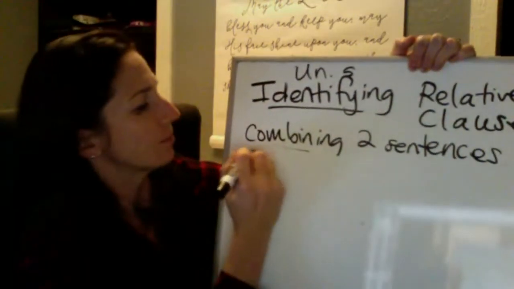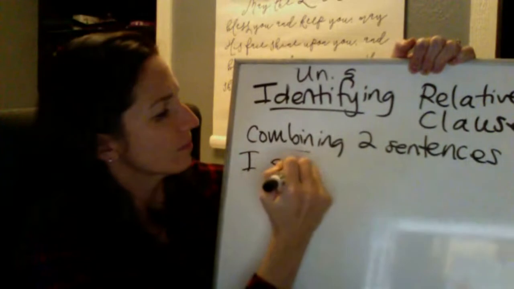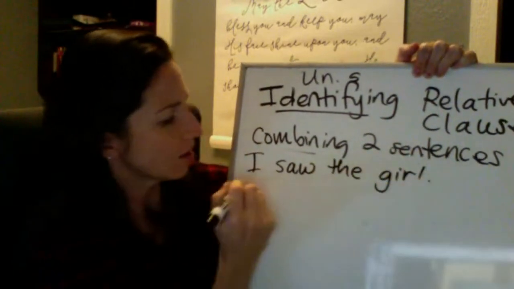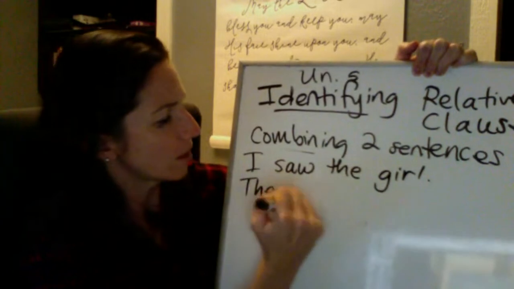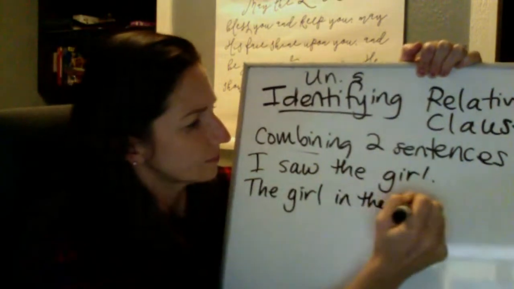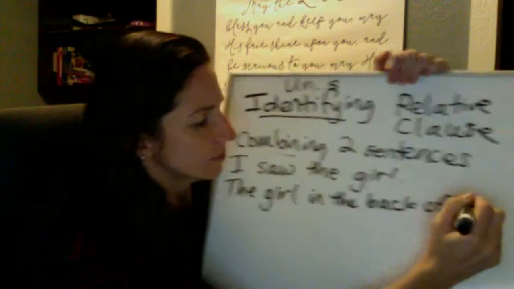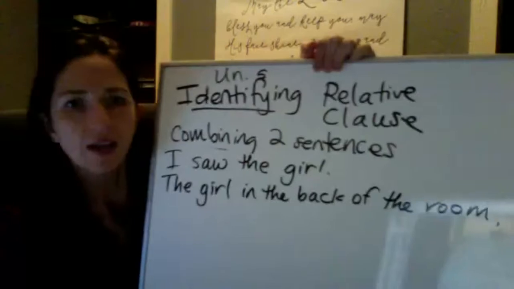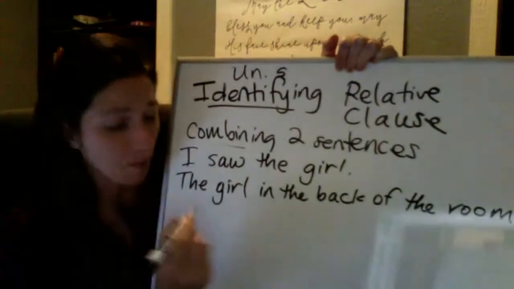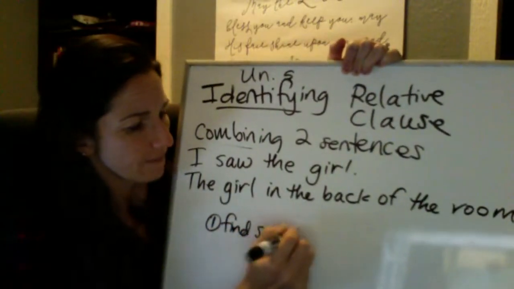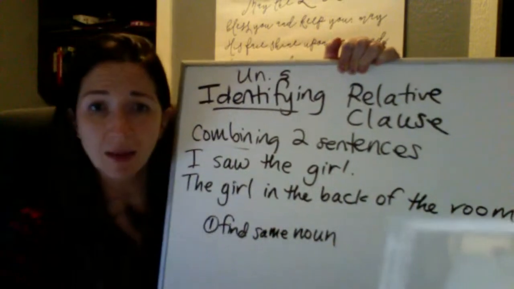I saw the girl in the back of the room. So this time, remember our first step: find the same noun. Which noun is being described?